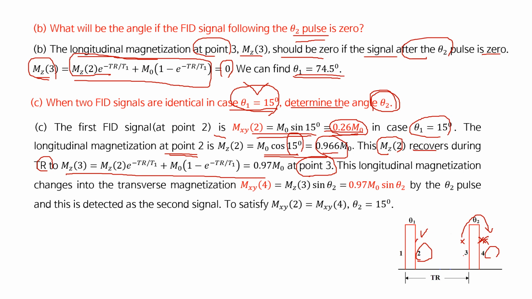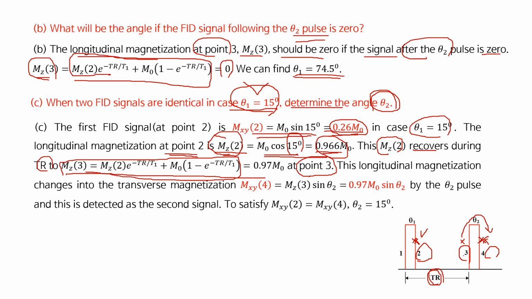So at this point, Mz2 is 0.966 M0, right? And this Mz2 is recovering during time TR. Okay, so we can get the longitudinal magnetization at point 3 using this relation.